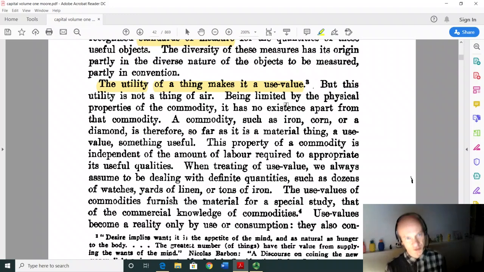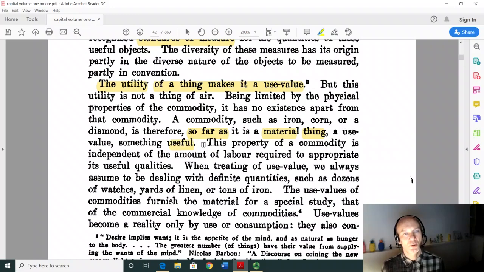So usefulness or utility is something that is connected to the specific materiality of that thing. A commodity such as iron, corn or diamond is therefore, so far as it is a material thing, a use value, something useful. So the words that do the heavy lifting here are so far as they are material, concrete, specific things. And to that extent they are useful.